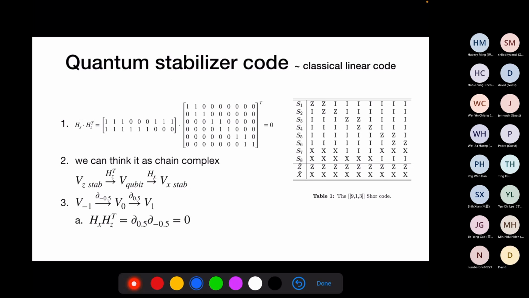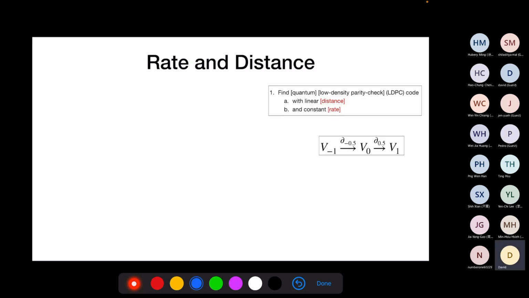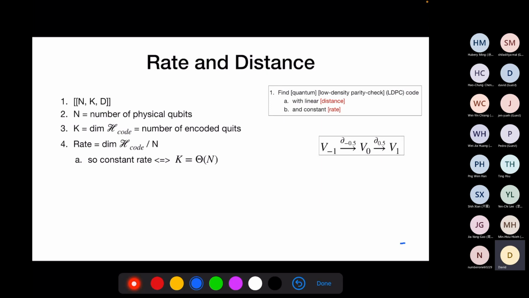Next we'll talk about distance and rate. The rate is easier to explain, so we'll begin with that. For every code, we attach some parameters: n, k, and d, and we'll go through them. n is the number of physical qubits, which we have seen before, that is F2 to the nth power.